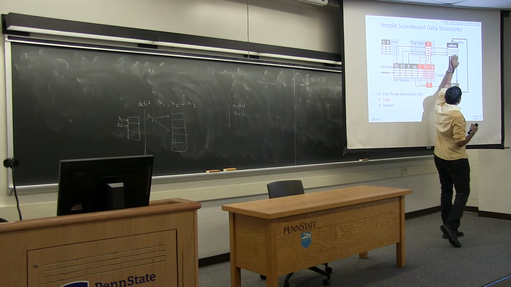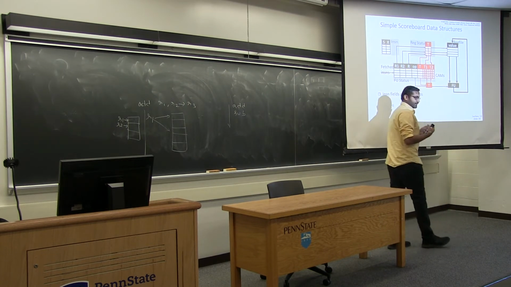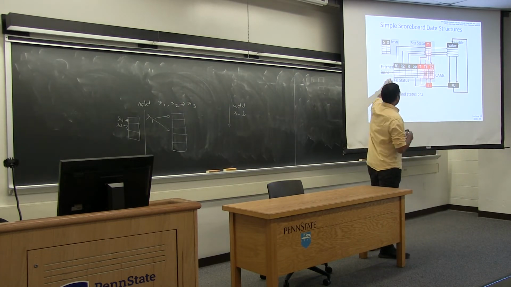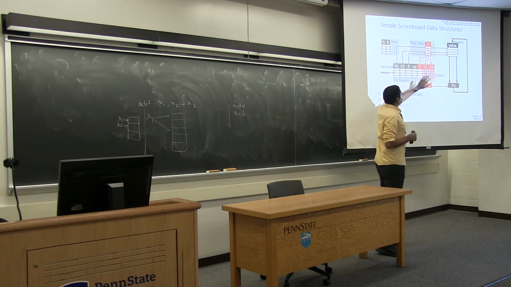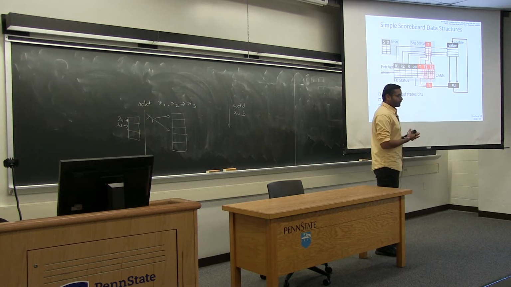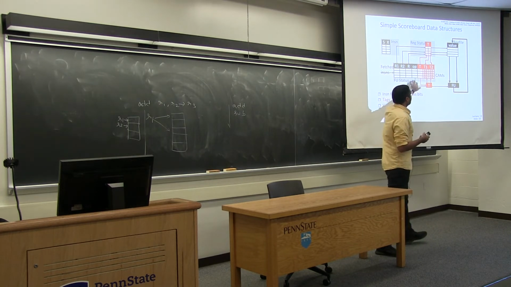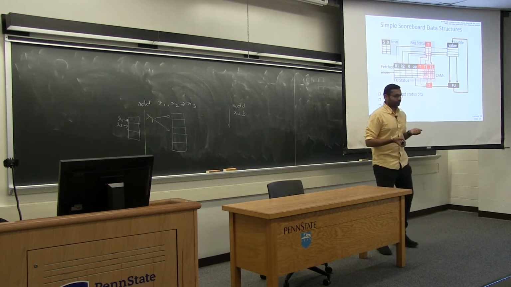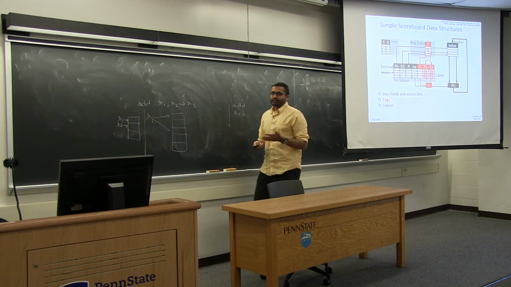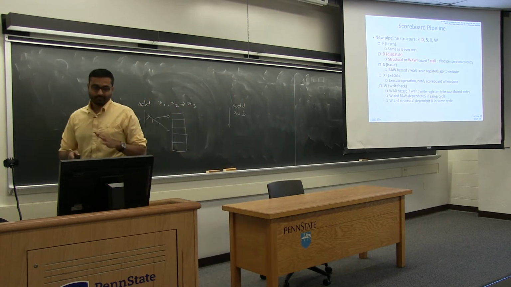And then we have a register file where we store the values of these individual registers. Sorry, my animations are screwed up. So we have a functional unit status table that is going to maintain the information about what the different functional units are, whether they are busy or free, and if they are busy, what instruction is currently occupying them, what the input operands are, what the corresponding tags are, and so on. Right? So let us go through this and then you will see.